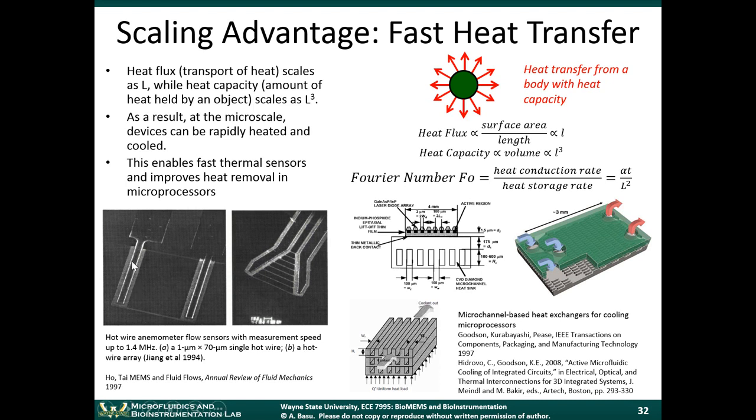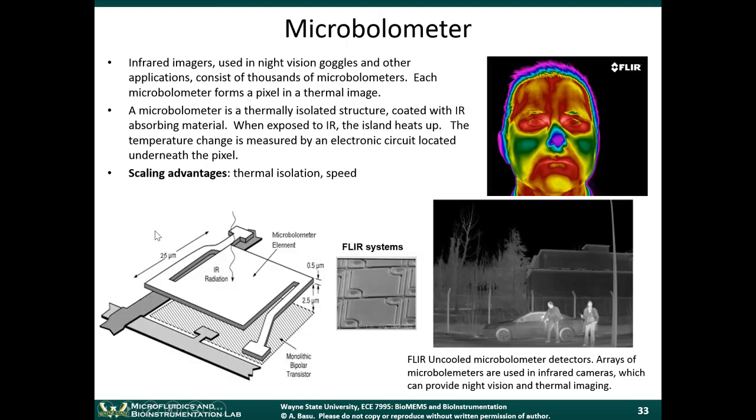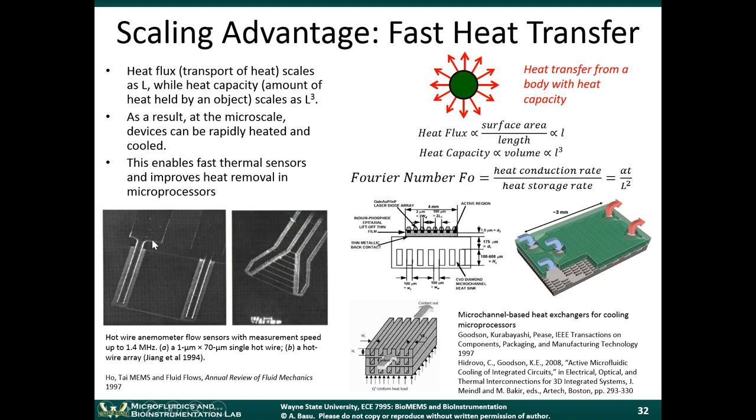Imagine just a wire, and we're running current through it, heating it up. The heat is generated in the wire, and it is also dissipated. Some of the heat travels through this leg back through here, some of it is radiated out into the air, and so on. So this is a multi-domain problem.